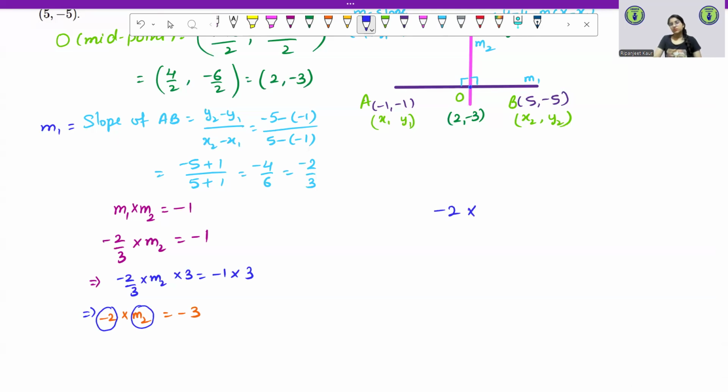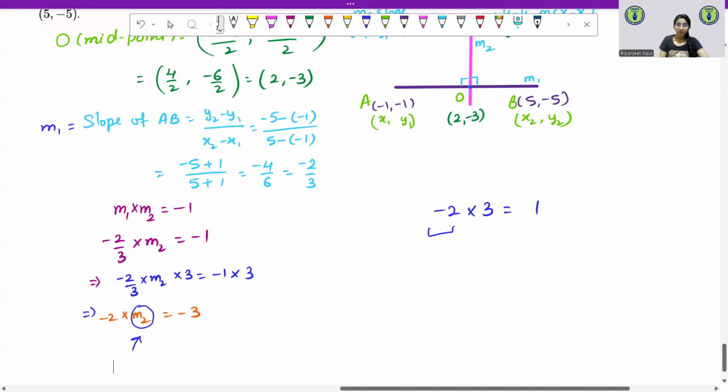It's like -2 times 3. Can we say this is a subtraction? No. So what is happening between -2 and 3? They're getting multiplied. So what is happening between -2 and m2? They're getting multiplied. If they are getting multiplied, what is the opposite of doing that to remove the -2 from the m2 side?